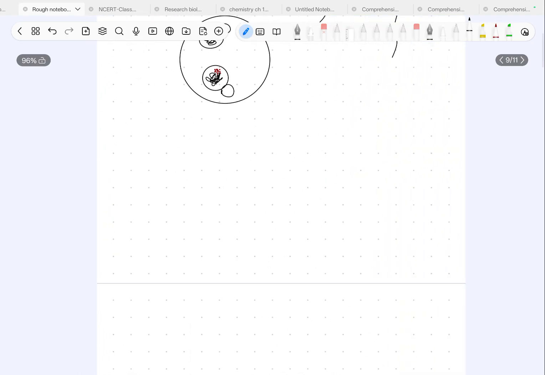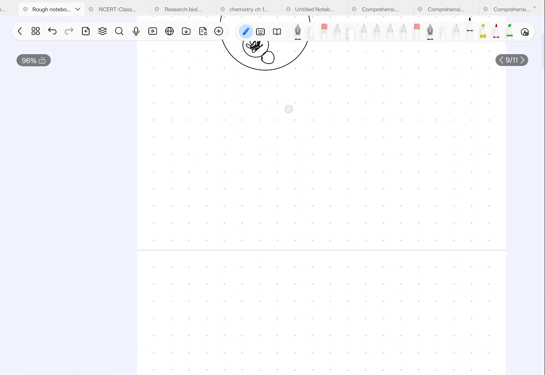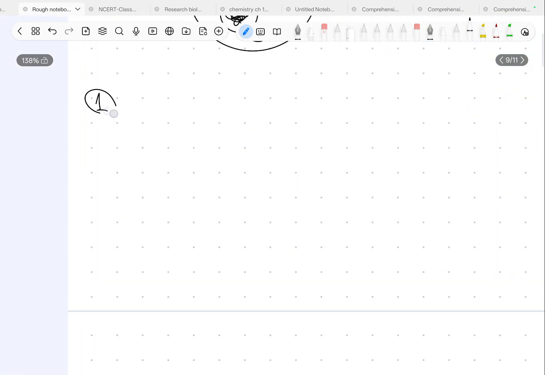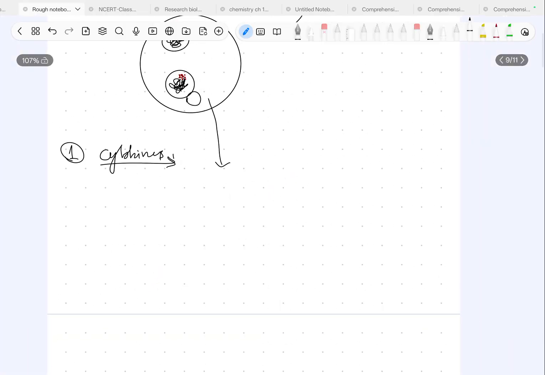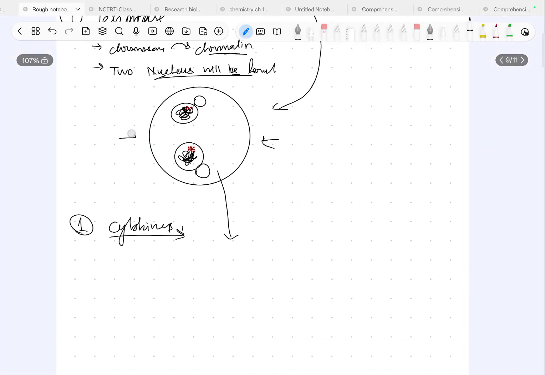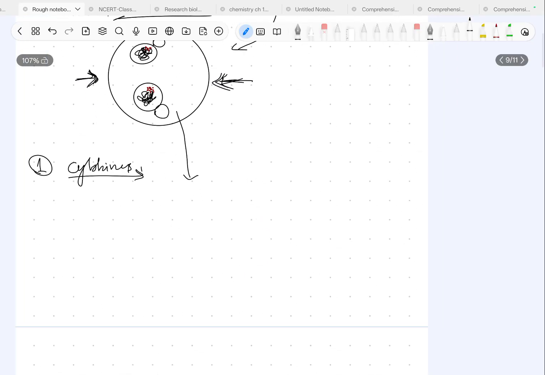Now we are moving to cytokinesis. What else occurs then? This will be converted like this, means here the pressure will generate, the depression will generate like this.